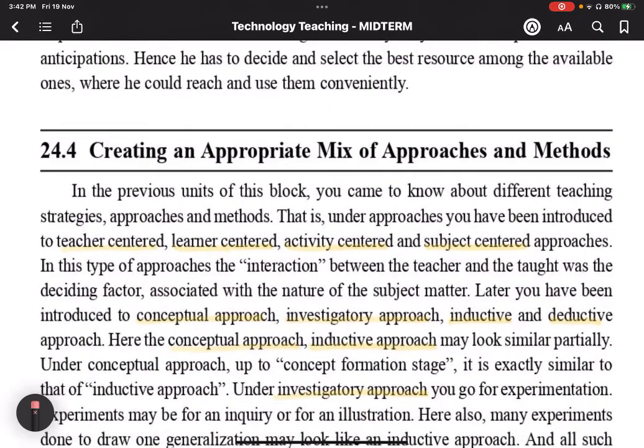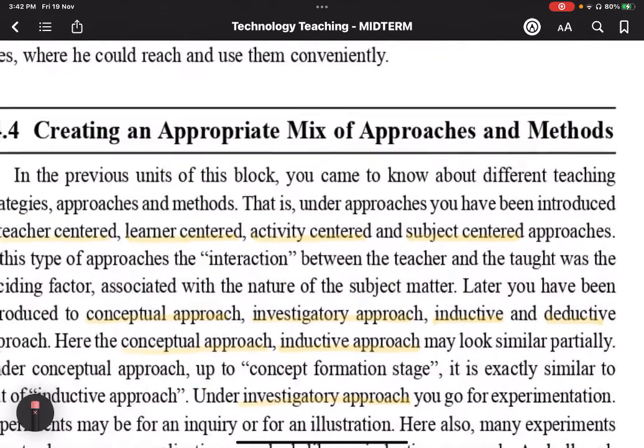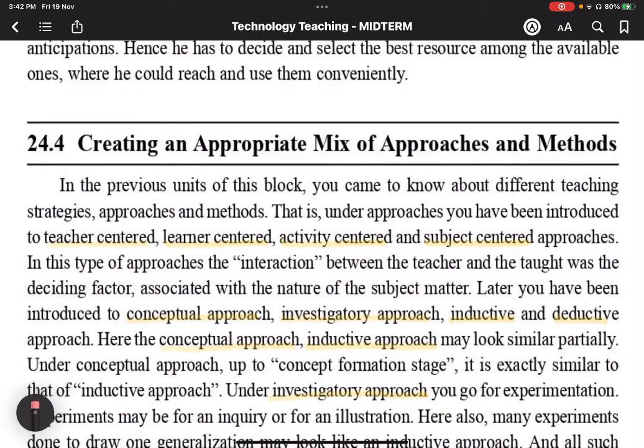Next, we have the creating an appropriate mix of approaches and methods. In the end, after designing your teaching strategy, you can then select the mix or specific approaches and methods to apply in your teaching. So in the previous units of this blocks, you came to know about different teaching strategies, approaches, and methods. So meron tayong teacher-centered, learner-centered, activity-centered, subject-centered.